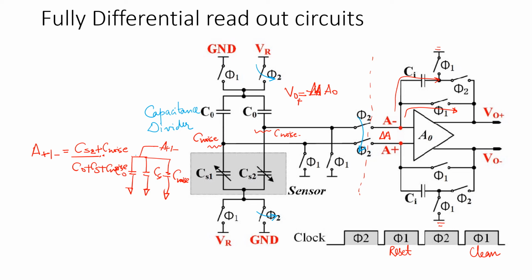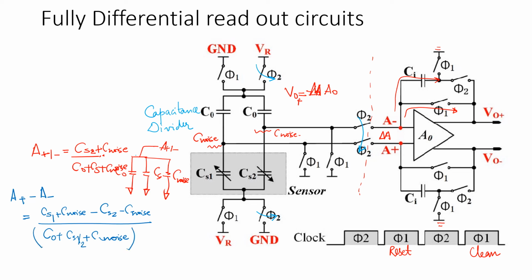To find the difference between the two, which you want as A plus minus A minus, you will get a difference by CS1 plus C noise minus CS2 minus C noise, divided by the sum of all the values, C0 plus CS1 plus C noise, and this will be CS1 or CS2 depending upon that factor.